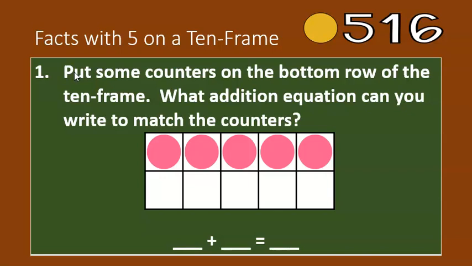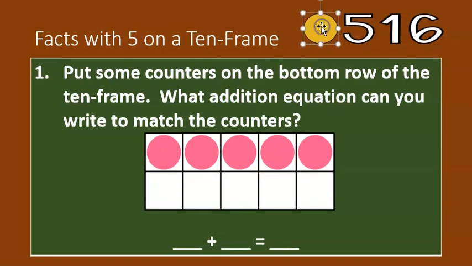It says, put some counters on the bottom row of the 10 frame. This first row is already done for us, but they want us to put some counters in the bottom row. You see how it's empty?